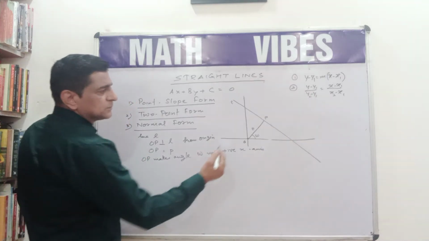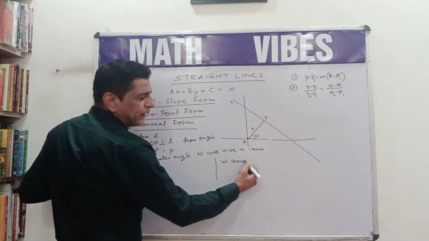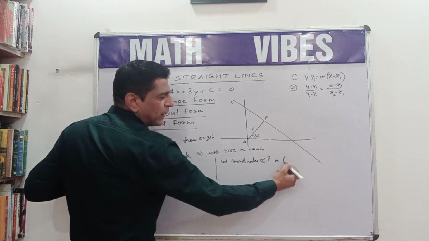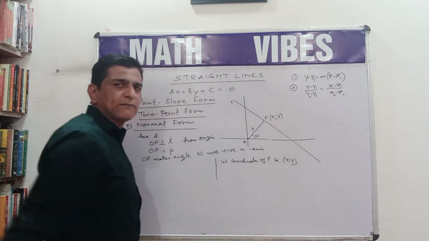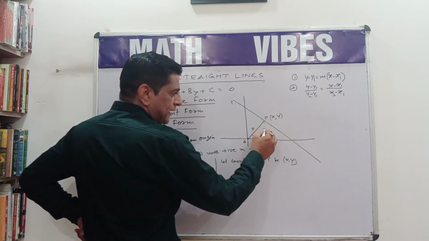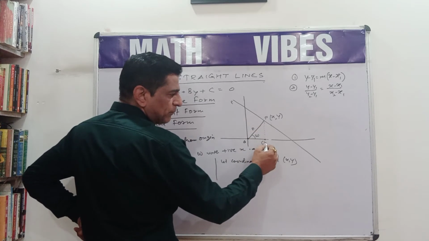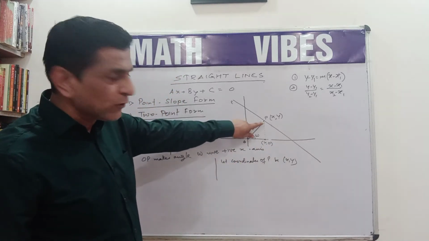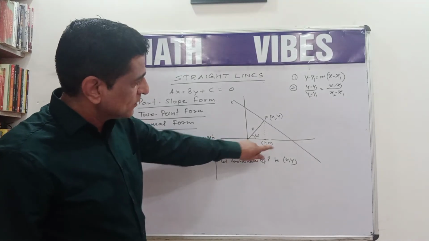So let the coordinates of P be x, y. Now if we draw a perpendicular from P to the x-axis, then the point at which this perpendicular lands will be (x, 0).